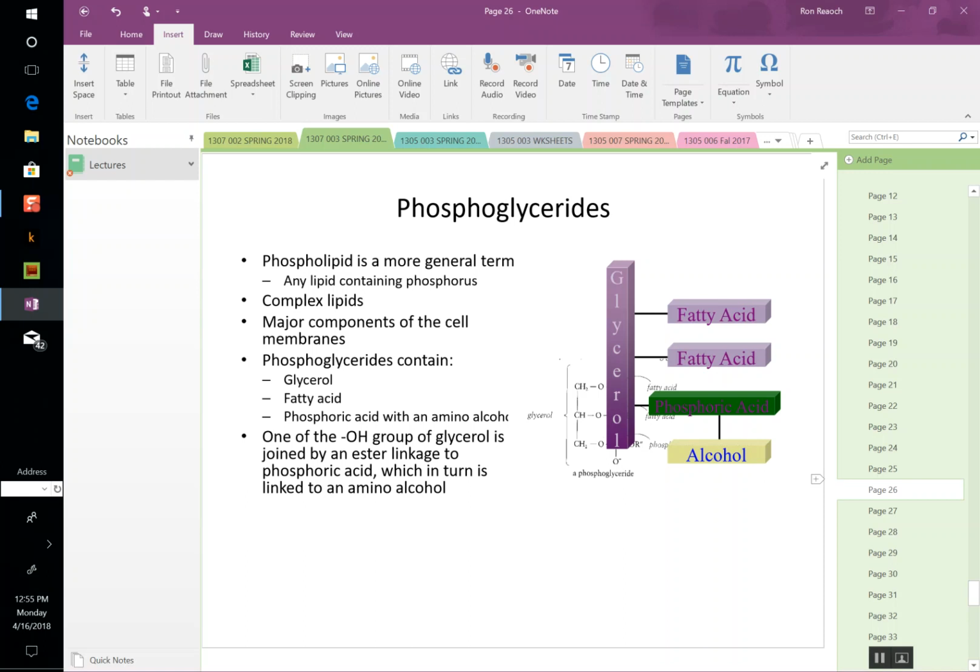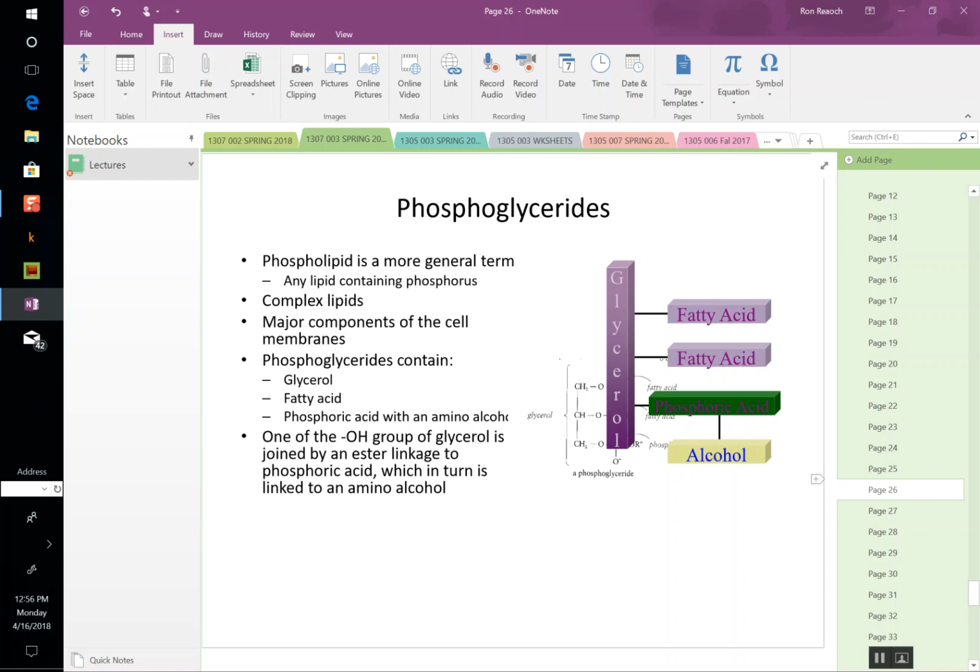You change X, you get a different phosphoglyceride. There isn't any particular phosphoglyceride that I would ask you to draw, but I might say, draw the general structure. Even if you came off of here and just said there's a fatty acid, and then this kind of structure, be able to recognize a phosphoglyceride.